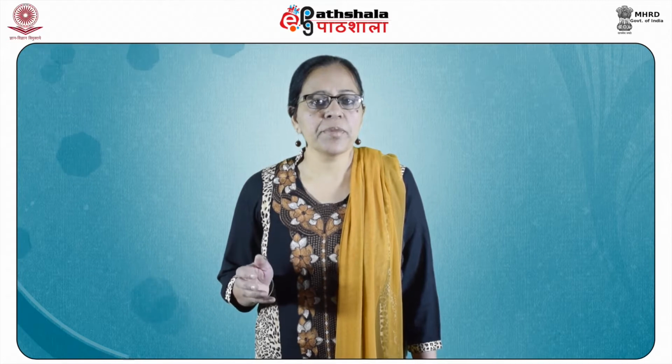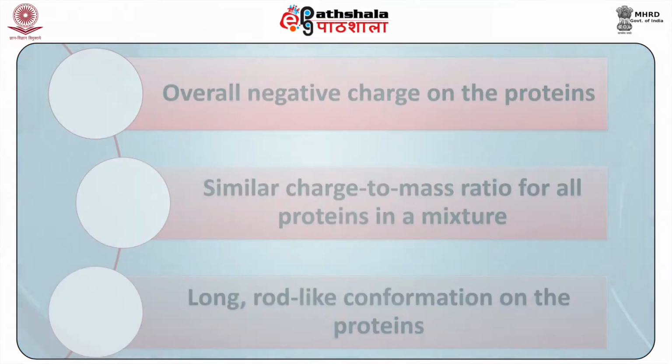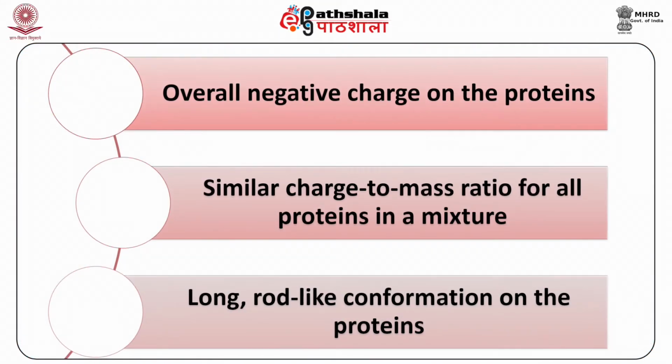Non-covalent bonding takes place between SDS and proteins in a manner that imparts an overall negative charge on the proteins. Since SDS is negatively charged, it masks the intrinsic charge of the protein it binds.